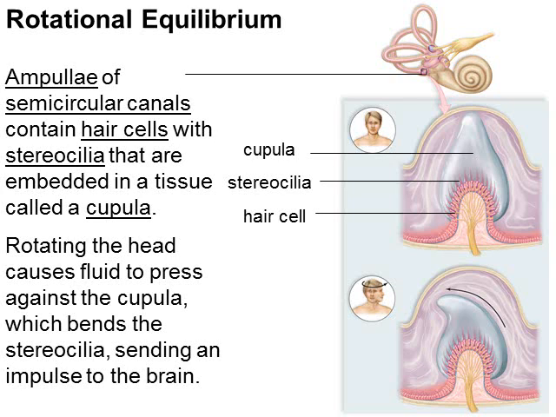The cupula means cup, so it's sort of cup-like. And this makes sense. When we rotate our head from side to side, the movement's going to cause pressure against the cupula. The cupula is going to bend, and now the stereocilia are being stimulated, sending a message to the brain, no.